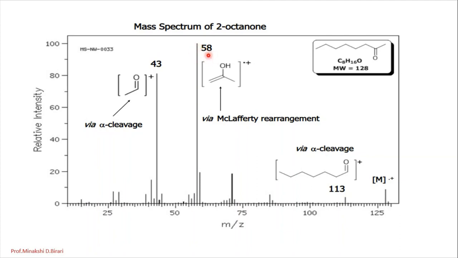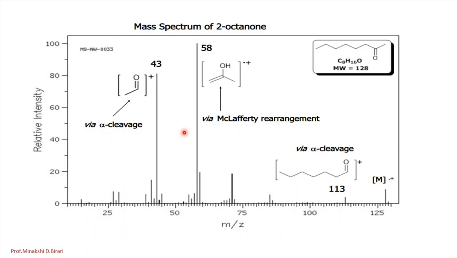It is due to the formation of enol radical cation via McLafferty rearrangement. Whereas the molecular ion peak is observed here, and also via the alpha cleavage, another fragment is observed at the mass to charge ratio 113. So this will be the important mass spectrum of 2-octanone.